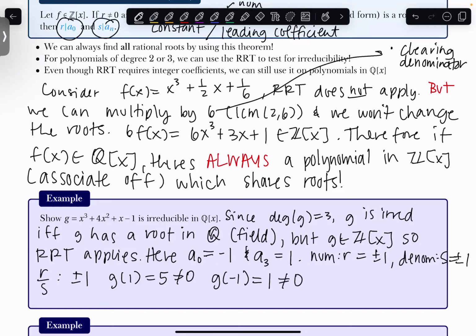And again, this is not giving back a root. So this is saying no rational roots. And again, because this is degree 2 or 3, and because the rationals are a field, this immediately tells me that this is irreducible. I can't factor this.